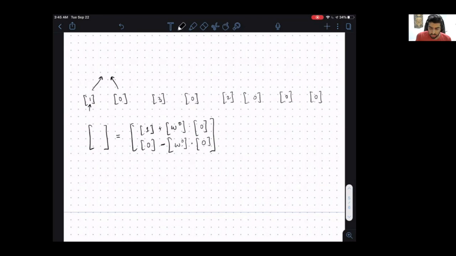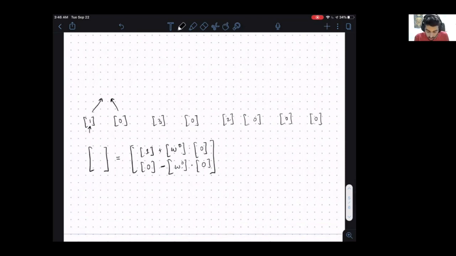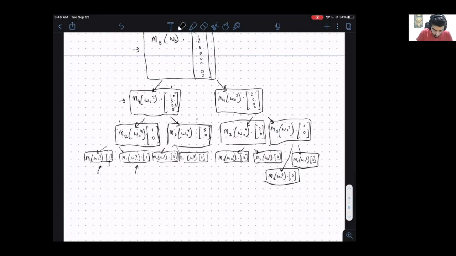This is a little bit confusing because you'll notice that I haven't included the omega naught subscript here. I'm just calling it omega. The reason is that at different levels of the hierarchy, our omega, which is the vector of constants that we multiply the right subproblem with, is going to be different. For example, at this level, all the omega naughts were omega naught to the 8, so our omega was equal to omega naught to the 8.